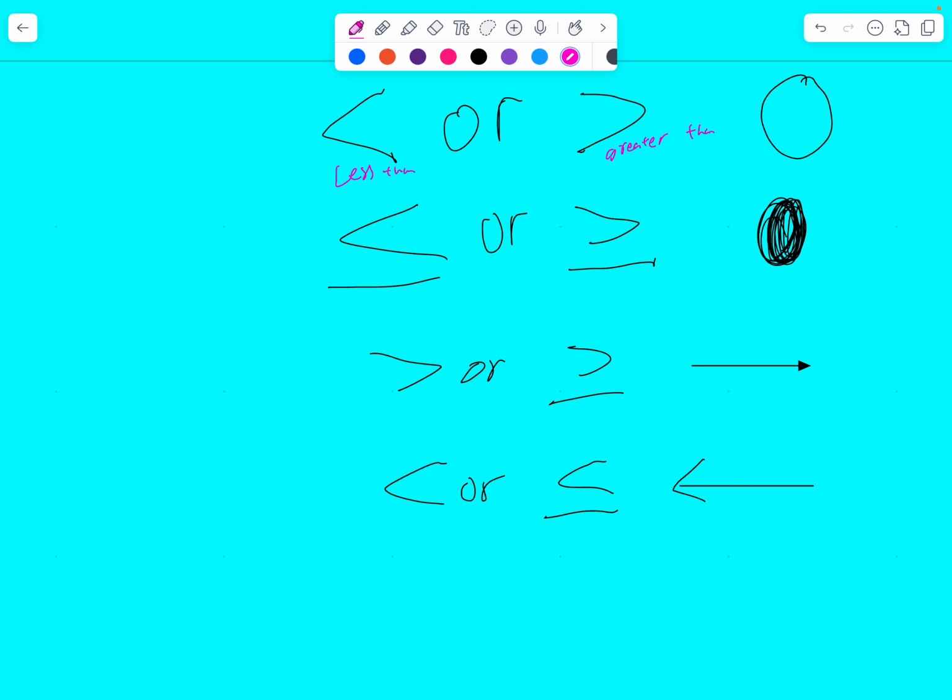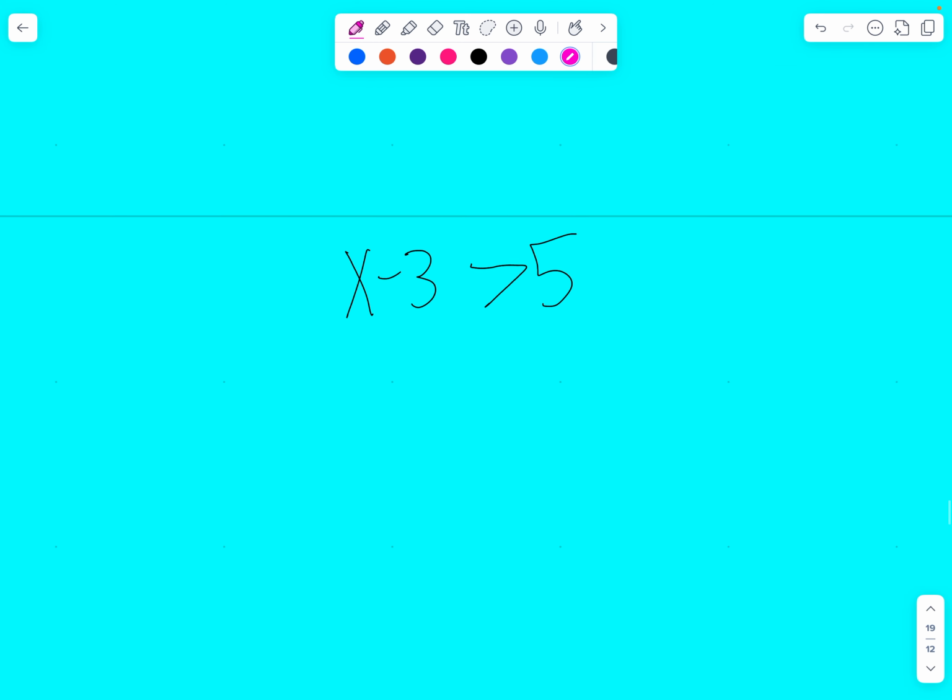And if it's less than or equal to, or greater than or equal to, then you have a closed circle on the number line. Greater than or equal to is going towards positive infinity, and less than or equal to is heading to negative infinity. Keep those in mind.